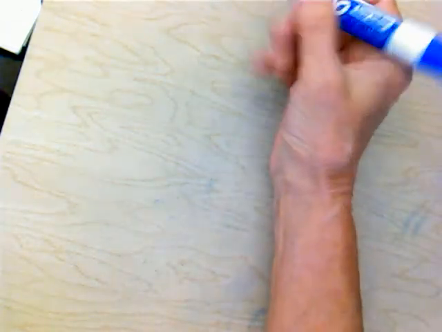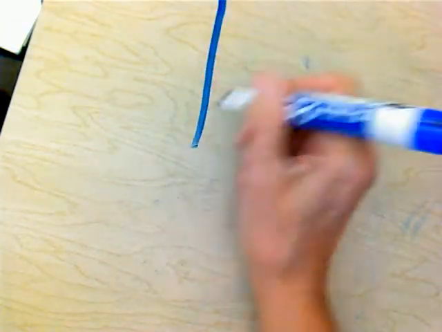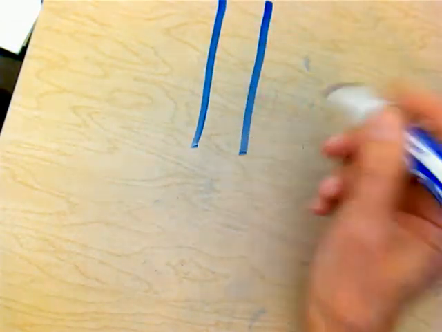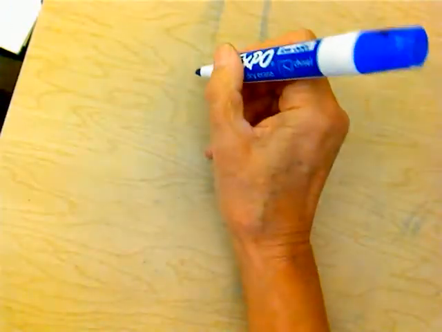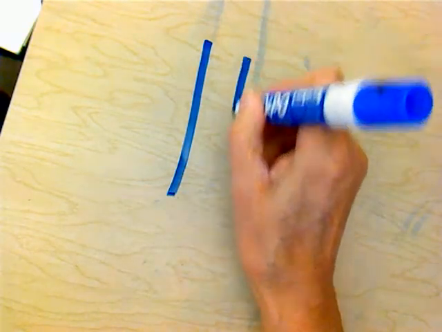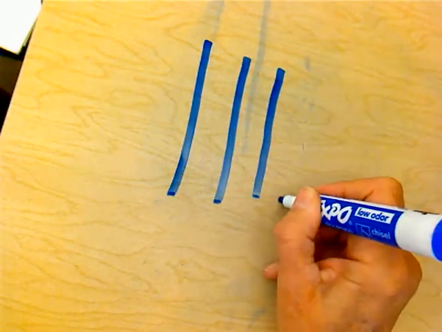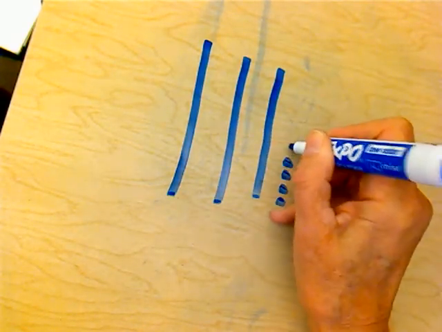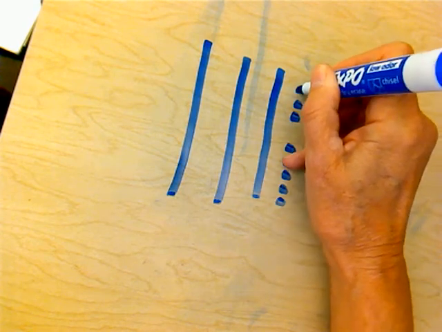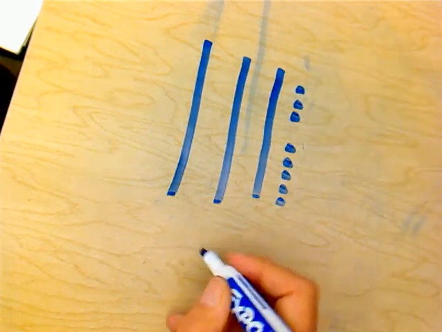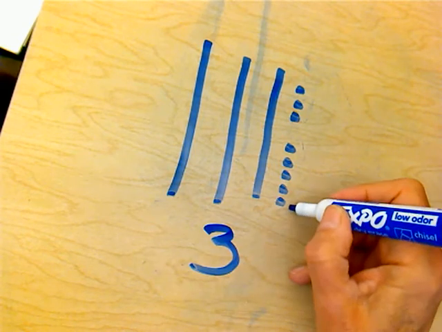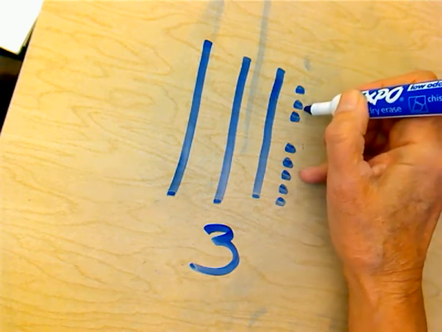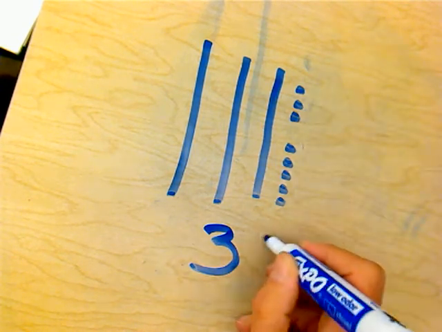Okay, let's try another one. Here we go. 1, 2, oops, 1, 2. That's up just a little bit too high, isn't it? Let's bring it down a little bit. 1, 2, 3 tens, and 1, 2, 3, 4, 5, 6, 7, 8 ones.